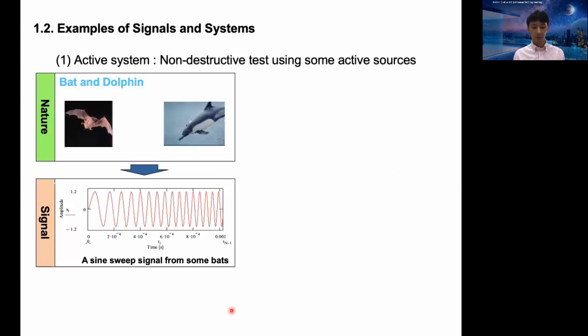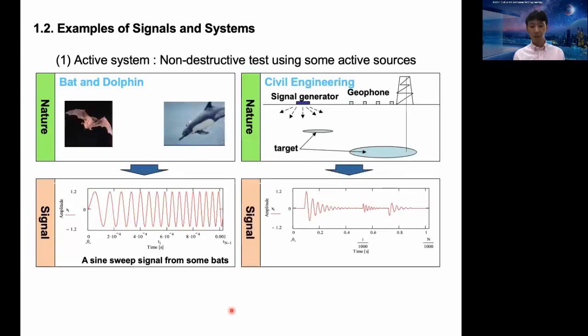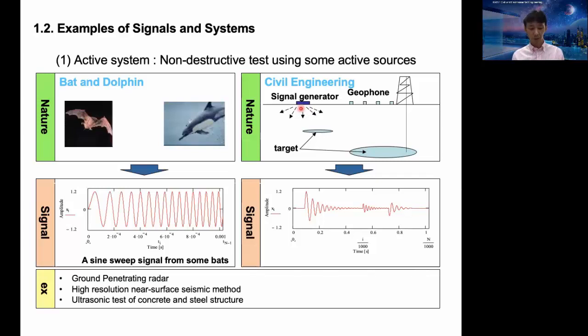And in civil engineering, when we do site investigation using a geophone and sonar, we have an active source, maybe like hammering the ground, and the geophone records the vibration as the wave propagates through the media. In this case, because we generate the source by using some external energy, this is an active system. Ground penetrating radar, high resolution near-surface seismic methods, and ultrasonic testing of concrete and steel structures are other examples.